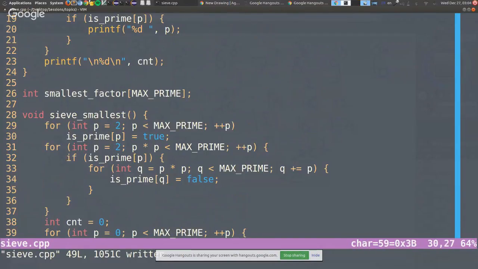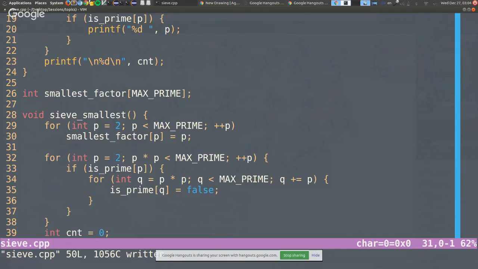So here we have this array that's called the smallest factor, instead of the flag that we want to change. And here, instead of putting the initial values true, we just put the numbers themselves.